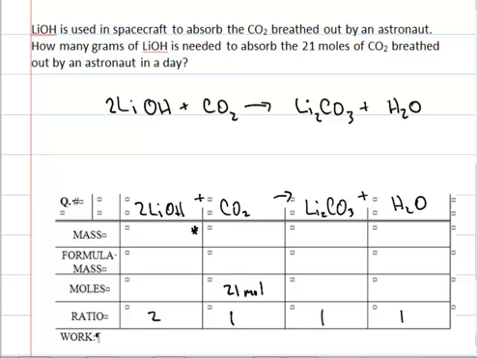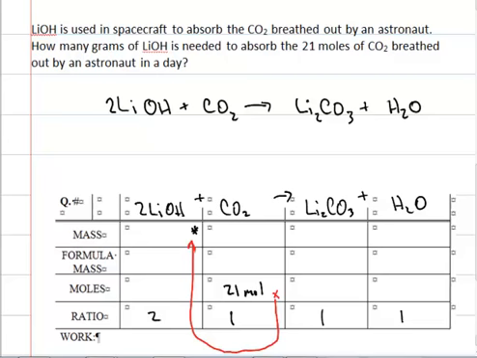Now, you can see here that we're going to have to start at the 21 moles. We're going to start here. We're going to go down this way, and then we're going to come up here. All right, and you can also see that we're going past the formula mass here for lithium hydroxide.